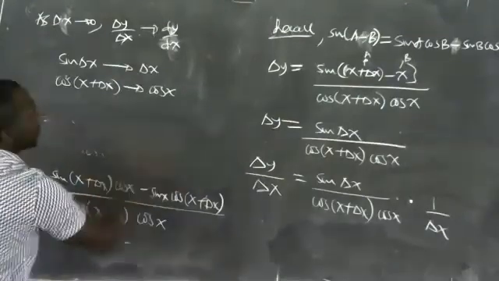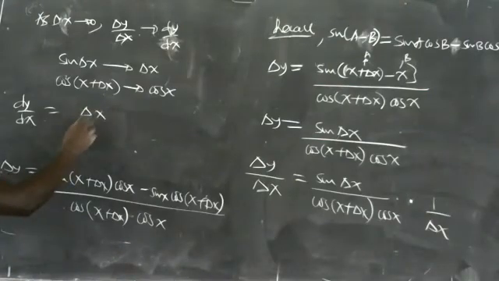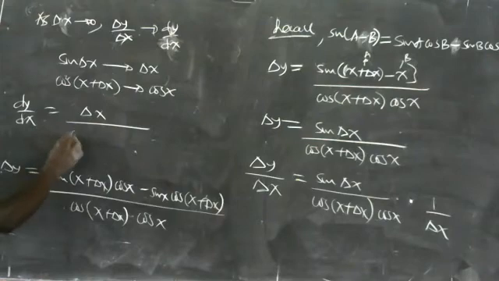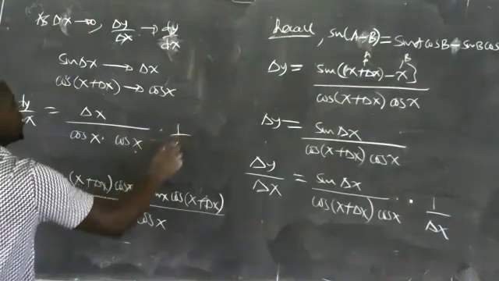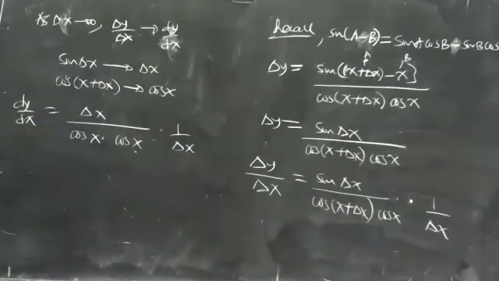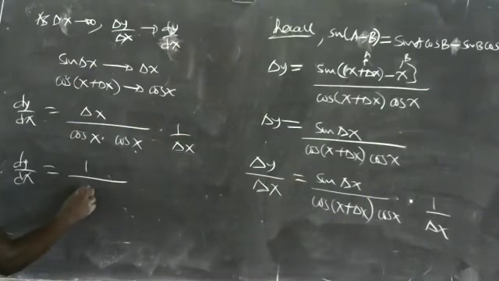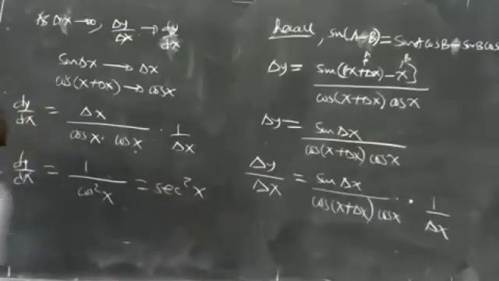Therefore dy by dx is given by 1 over cos of x times cos of x, which will be 1 over cos squared x, which is sec squared x.